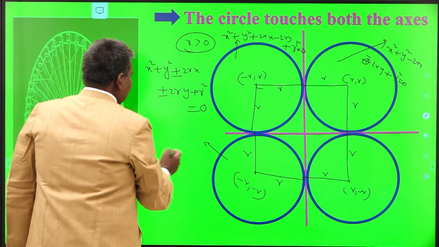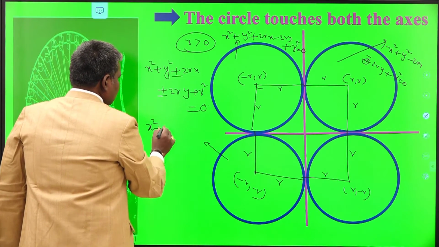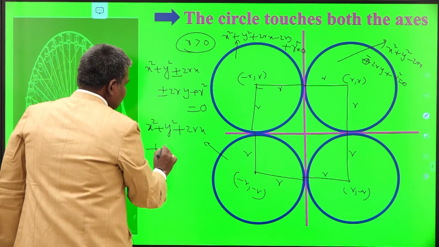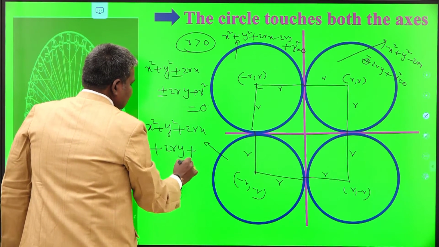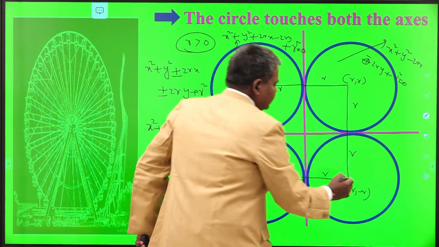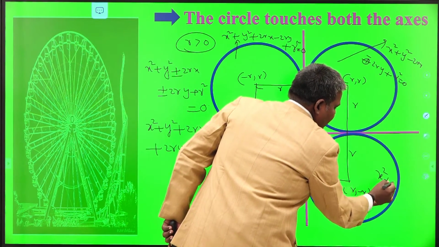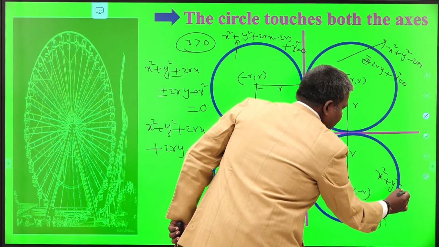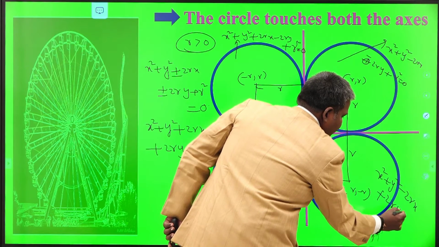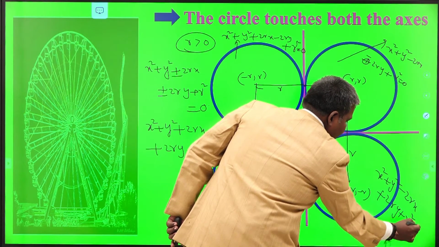What about this one? x square plus y square plus 2rx plus 2ry plus r square equal to 0. What about the final? This is x square plus y square minus 2rx plus 2ry plus r square equal to 0.